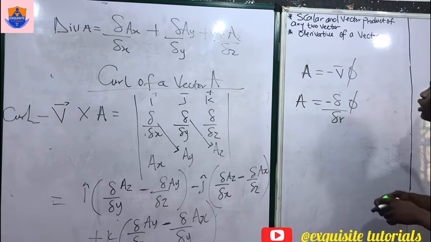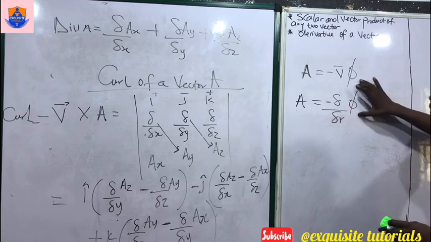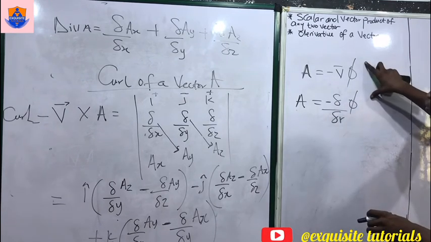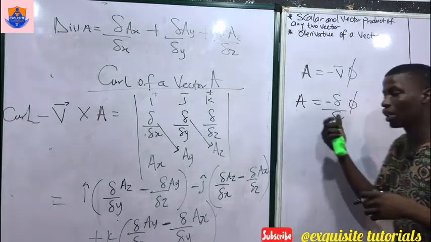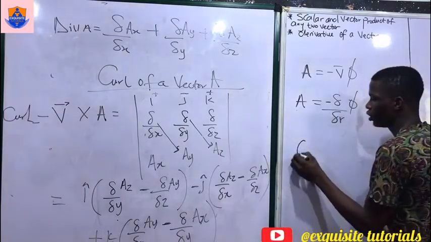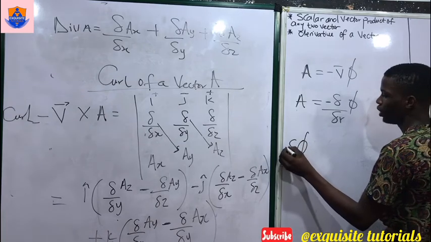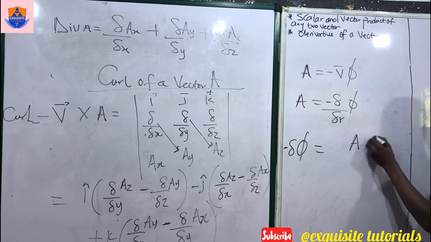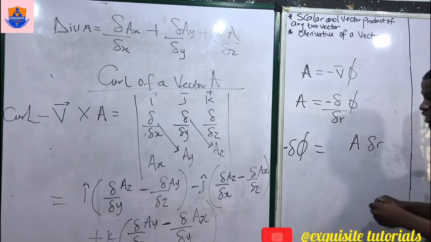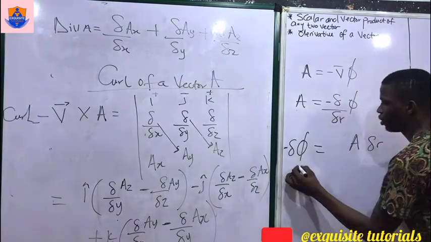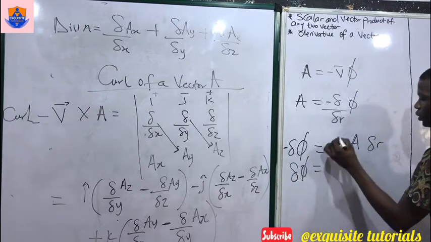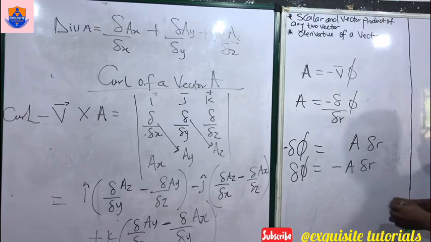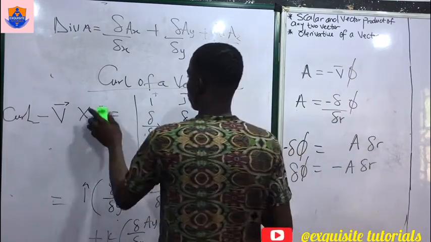So if you want to list the three components of it, that is your own part of it. It doesn't really matter. So if you are trying to get the value for our phi here, in case the question asks us, when the system is conservative, to calculate the value for phi: our dphi is equal to our A dr. Take note, whenever a system is conservative, our dphi would then be equal to minus A dr. Take note, these functions are both differential functions.